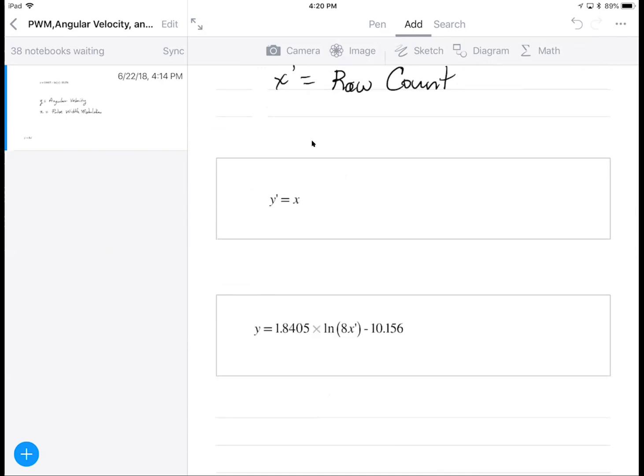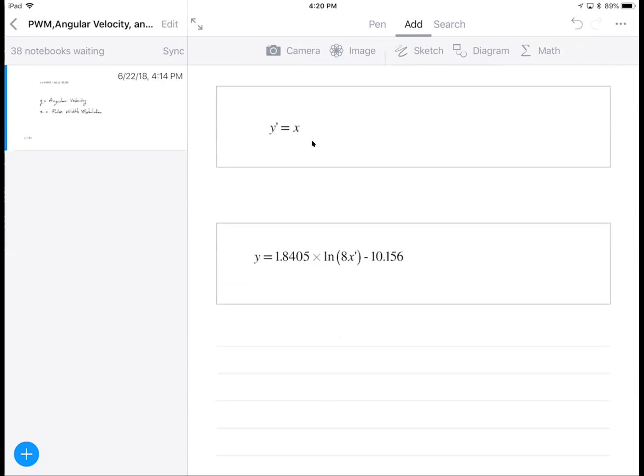So now in this particular case, we have a relationship between our angular velocity and our raw count.